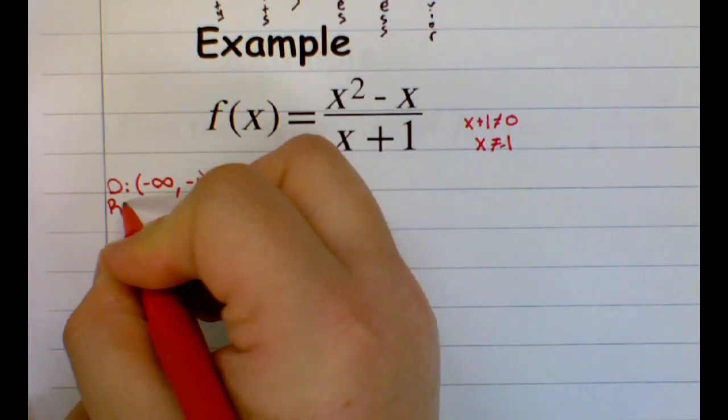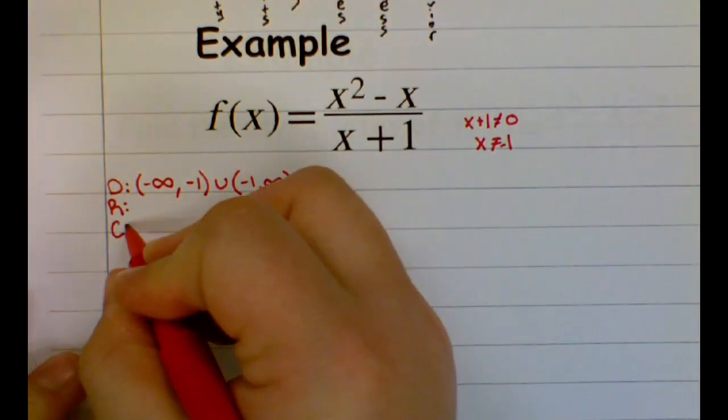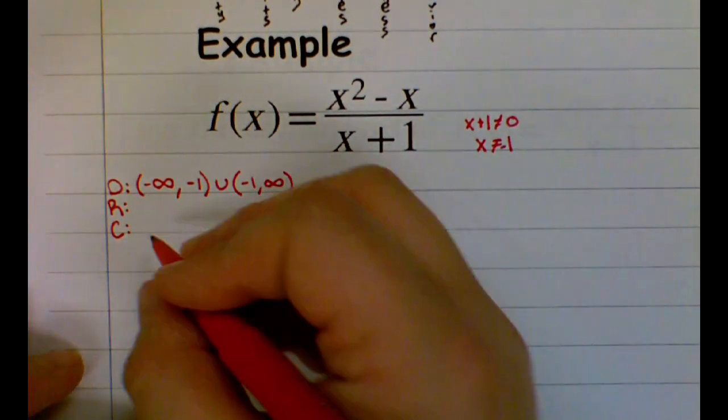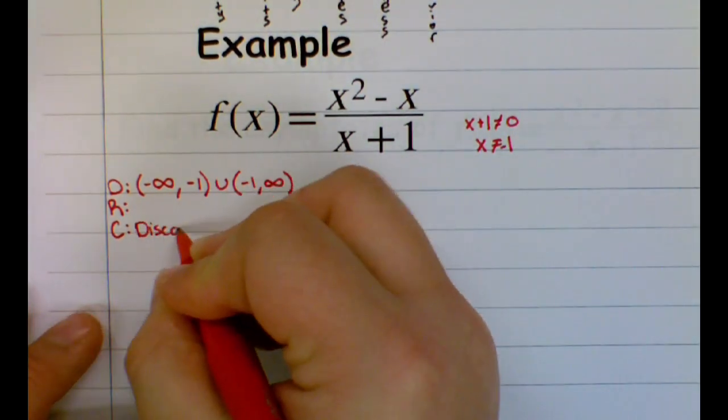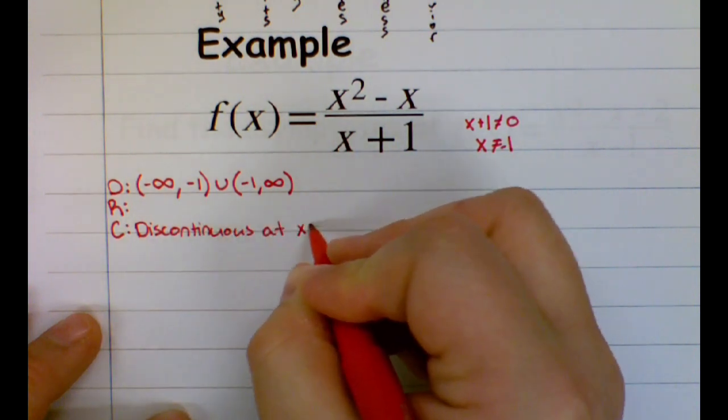Our range. The range is the trickier one, and we're actually going to hold off on the range. I don't do these in order. So, continuity. It'll be continuous everywhere except -1. So, discontinuous at x equals -1.